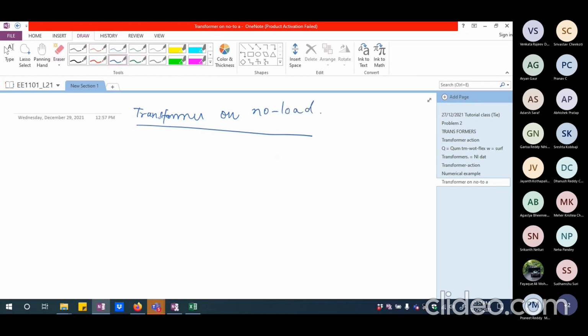When you look at the transformer on no load, that means I am not going to connect any load on the secondary side. So let me again draw this. This is the core of the transformer, and I'm going to have the primary winding from here, and I have connected a voltage source, which is V1.